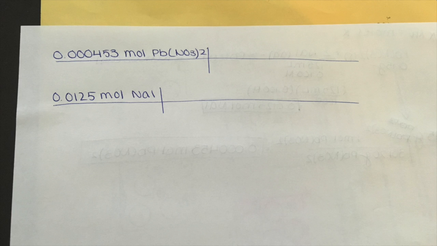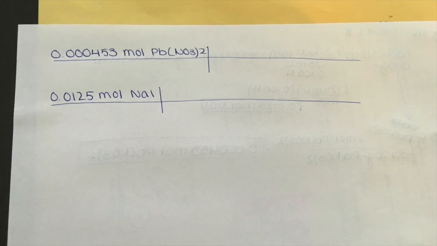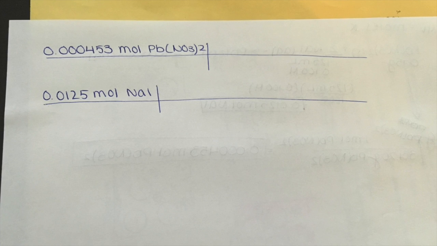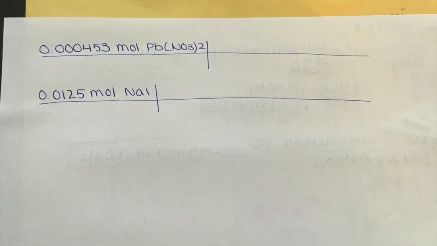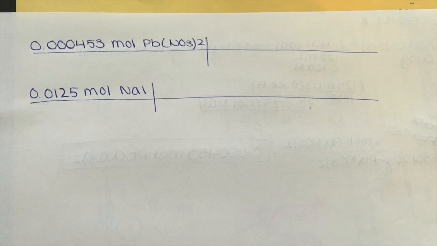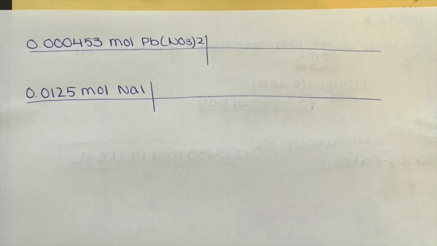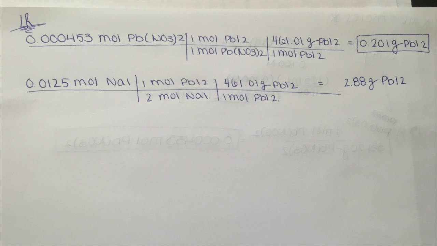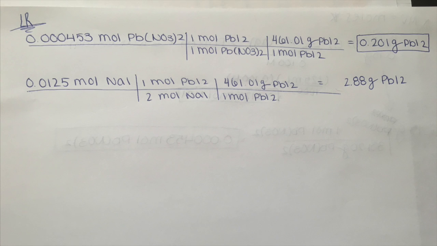Part C asks to identify the limiting reactant. To find the limiting reactant, we set up two stoichiometry problems, converting the moles of Pb(NO3)2 and NaI into grams of the solid product PbI2. To convert from moles to grams, we first divide by the molar ratio of the moles of the solid product of PbI2 to the moles of the reactant that we are converting from.